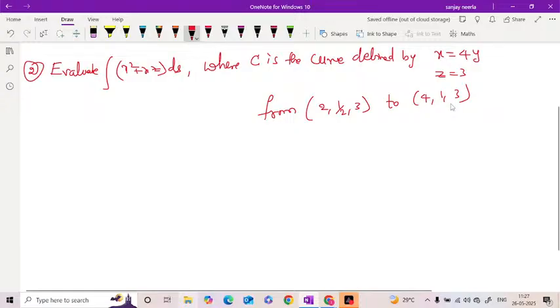So this is the curve, and here the points are given.